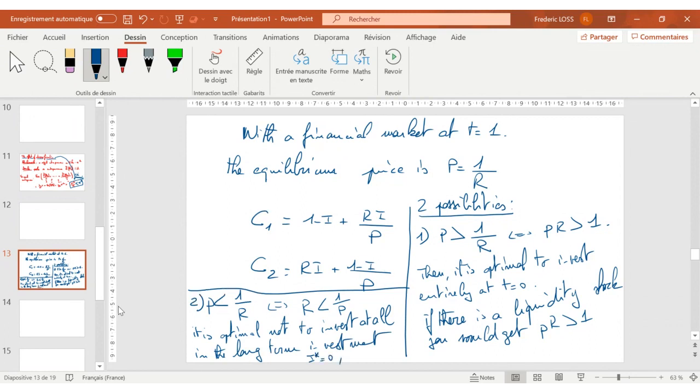But then there is nothing to buy at t equals 1. So there are no exchanges whatsoever. So this is not a possible equilibrium either. So the only remaining possibility is that one.